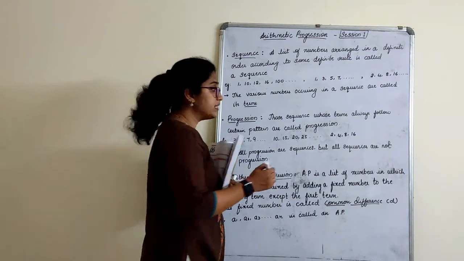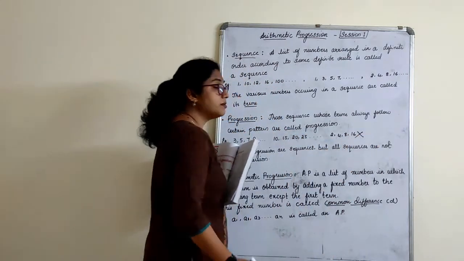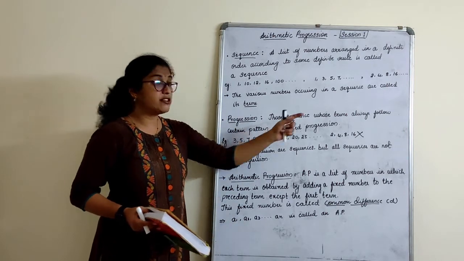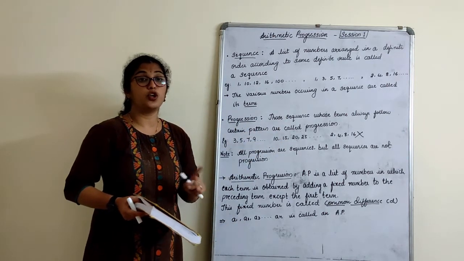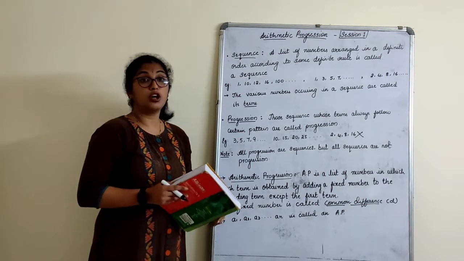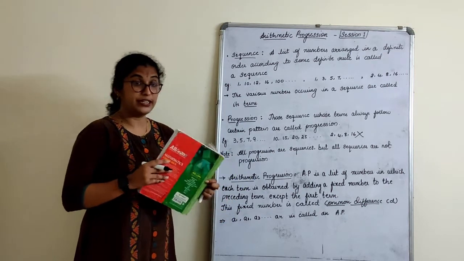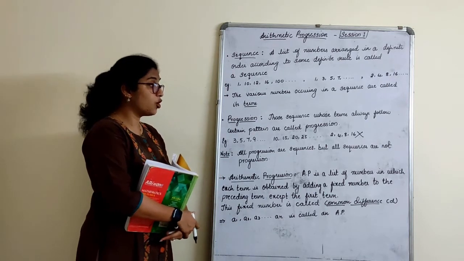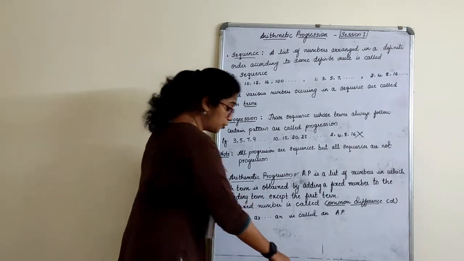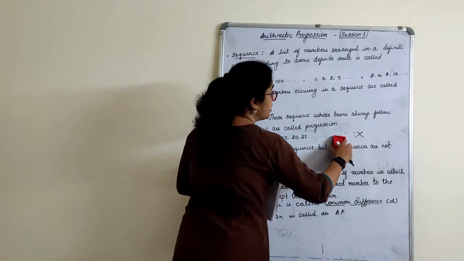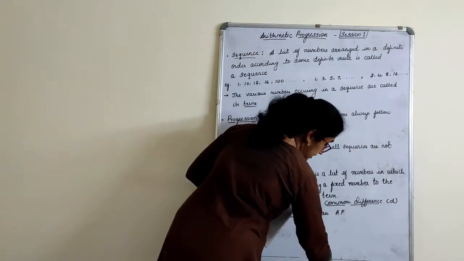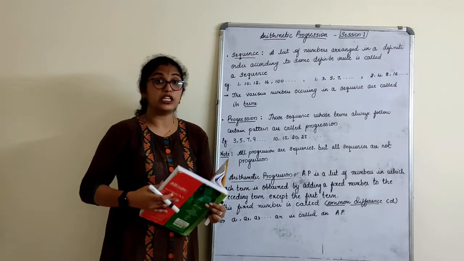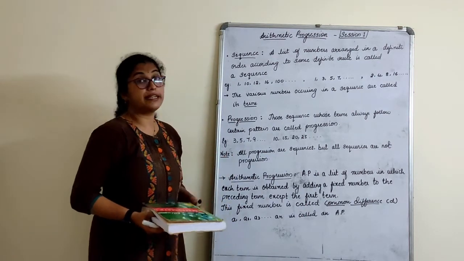It is a sequence, but it is not a progression. Why? It is arranged in ascending order, but it is not following any pattern, so it is not called a progression. That means all progressions are sequences, but all sequences are not progressions. That you all should know. Progression follows a particular pattern. One such progression we are going to study in your syllabus is arithmetic progression.